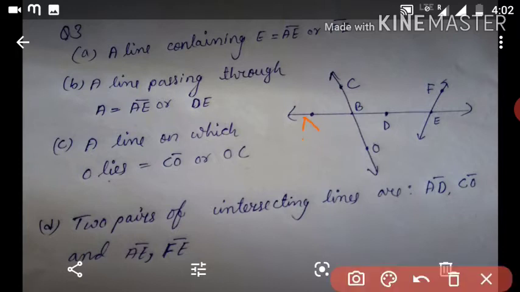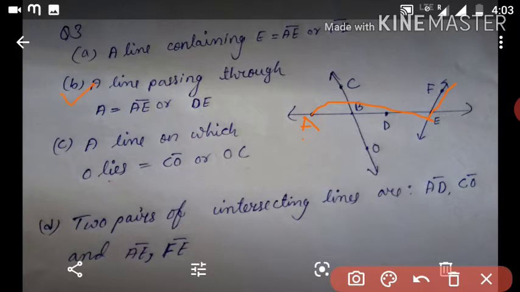This is A, okay? I forgot to write it here. This is A. Now AE is the line where E is contained, or you can say the line FE. This is also the line FE which contains E.